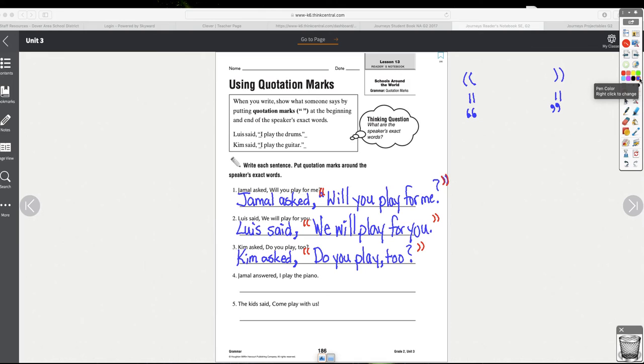Yep, so when we put our quotation marks around our speaking part, we need to put them before the word I and after the period at the end of piano. So Jamal answered, comma, and then we put our quotation marks to start our speaking part before the word I play the piano.